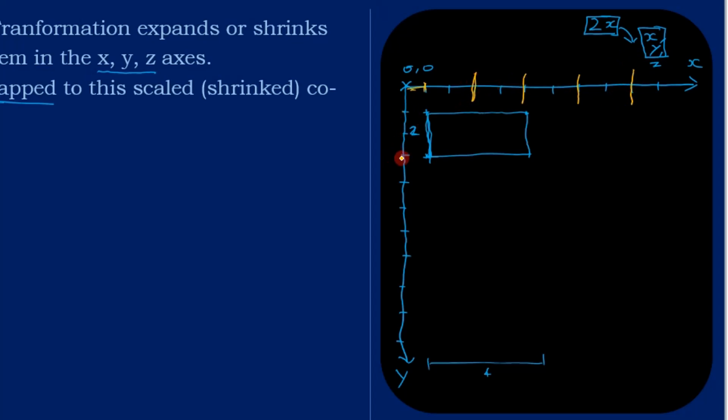The same happens here. So this is the expanded coordinate space, and what we want to draw is 4 units: 1, 2, 3, 4 units in the transformed coordinate, and 2 units here.